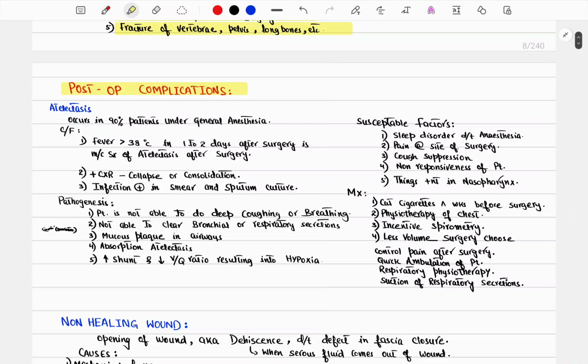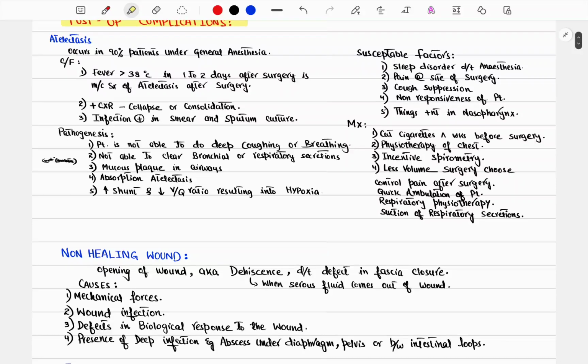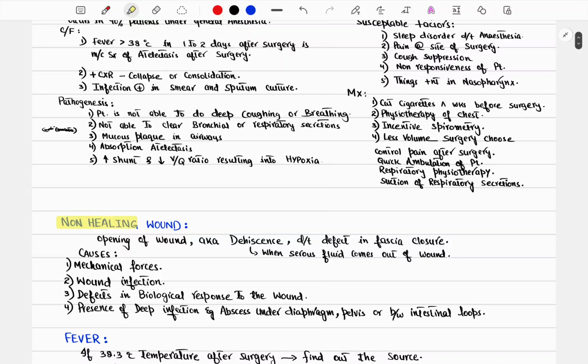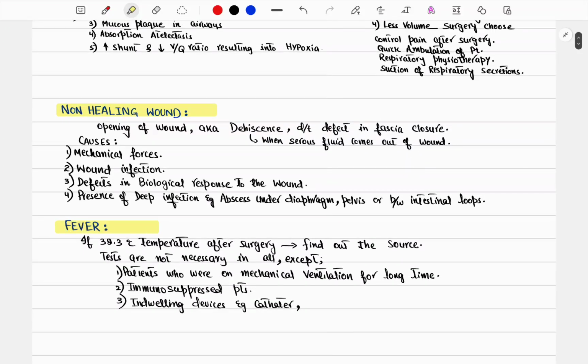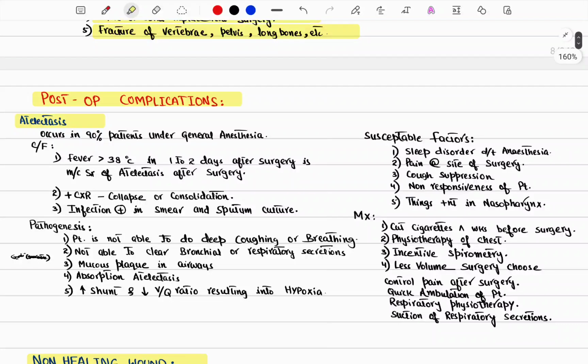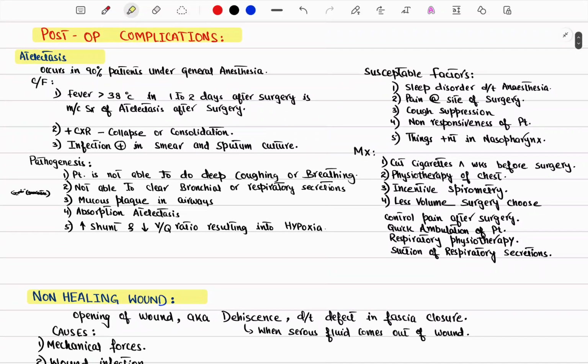Then post-operative complications. Some of the complications are atelectasis, wound not healing, and fever. Atelectasis occurs in almost 90% of patients who have undergone general anesthesia. Clinical features: at day 1 to 2 there is a fever greater than 38 degrees Celsius.